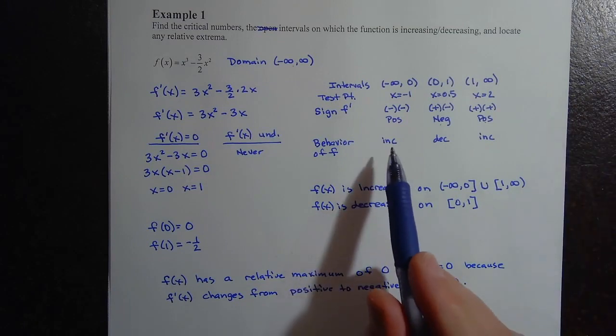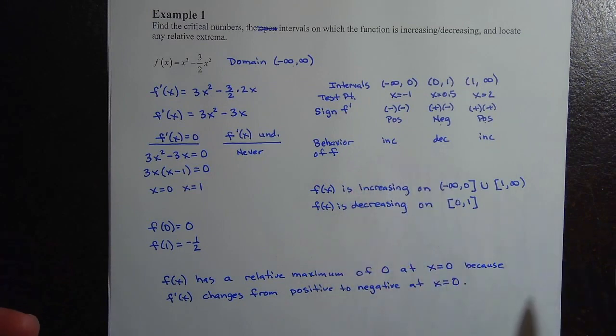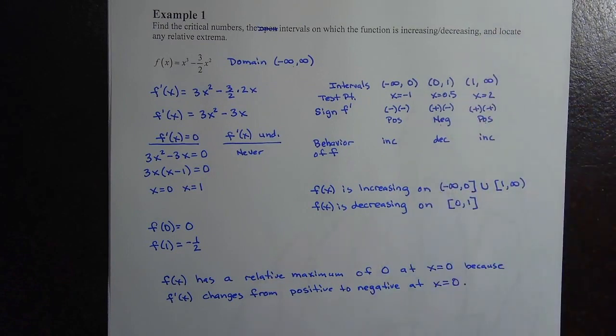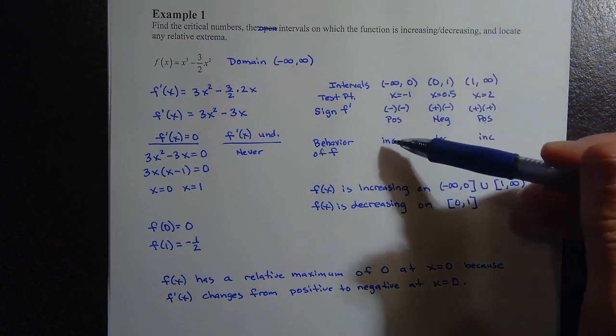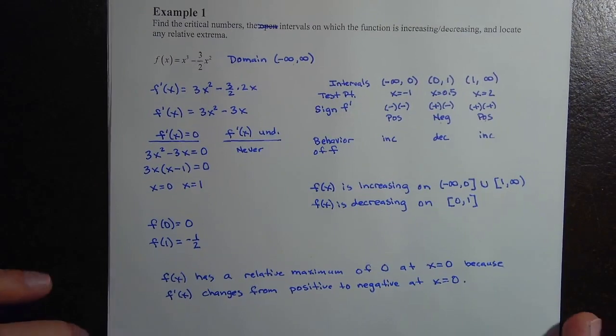Yes, we use calculus to get the increasing and decreasing, but when you say strictly that the function is changing from increasing to decreasing, you're not using calculus to justify whether there's a relative maximum.